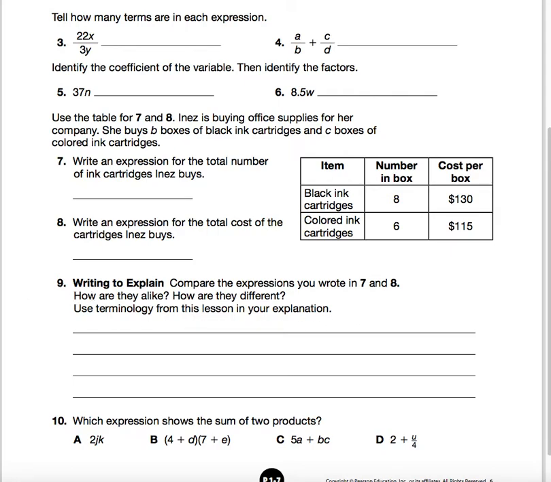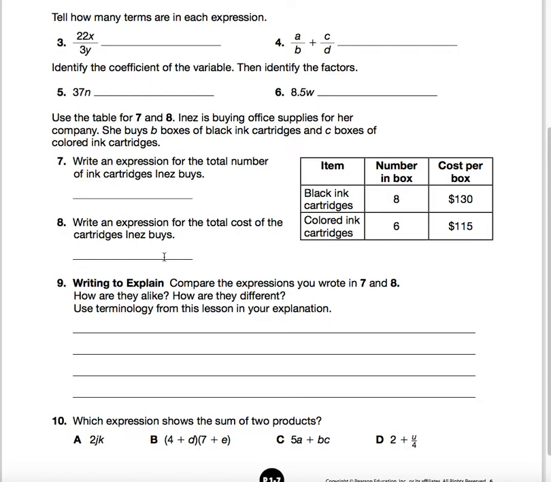Once you get these done, you're going to come back up and see how they are different. They are alike because both expressions have 2 terms: something plus something, something plus something.